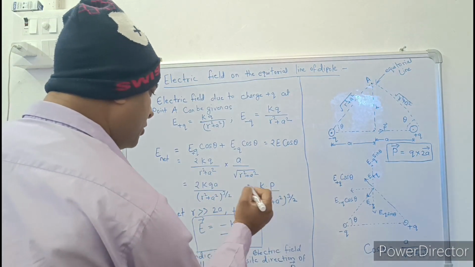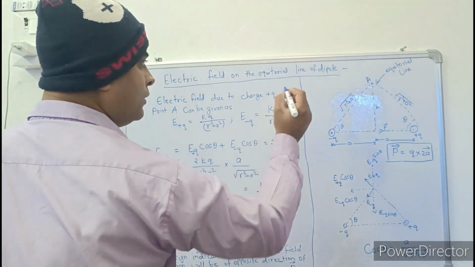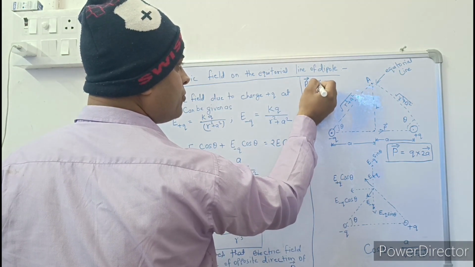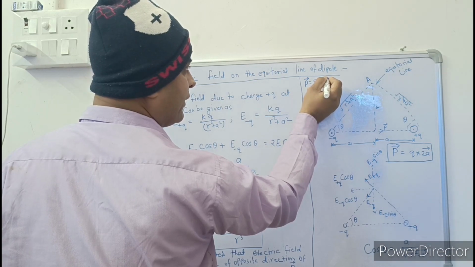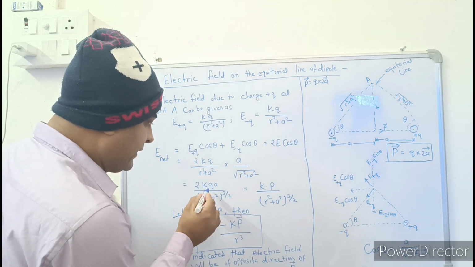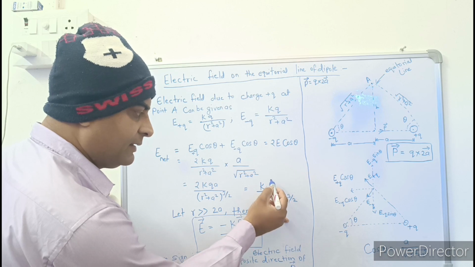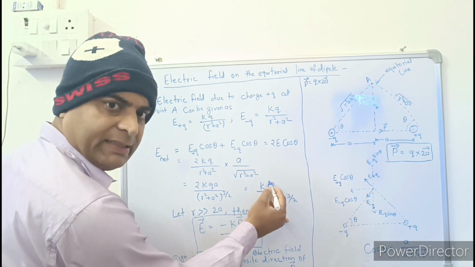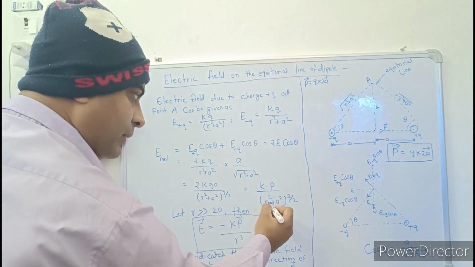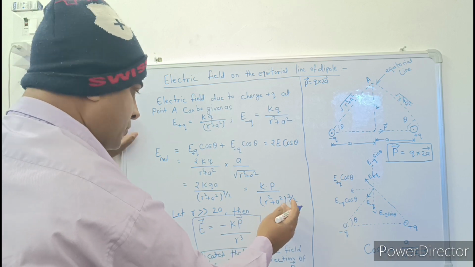But as you already know, the definition of dipole moment is Q into 2A. So this is the dipole moment, and if you write Q into 2A as P, what is this? The electric dipole moment. So we get KP upon R square plus A square to the power 3 by 2.